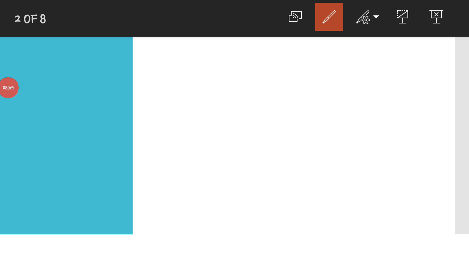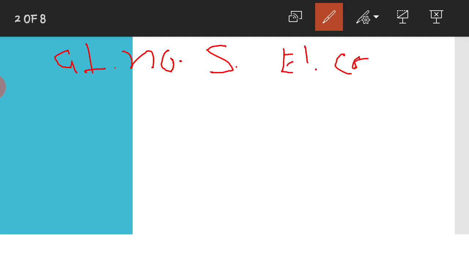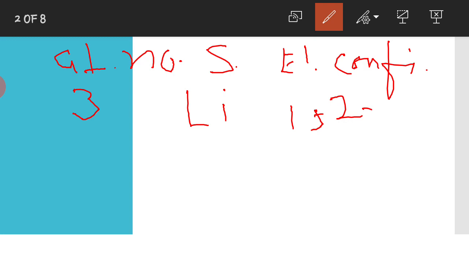Here, atomic number, symbol and electronic configuration. Atomic number 3, name lithium and symbol Li, electronic configuration 1s2 2s1.